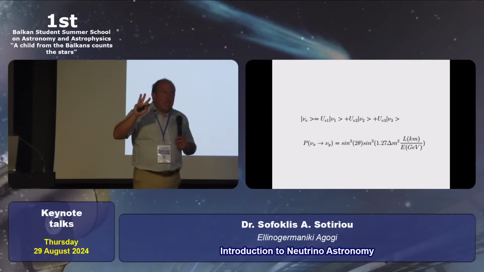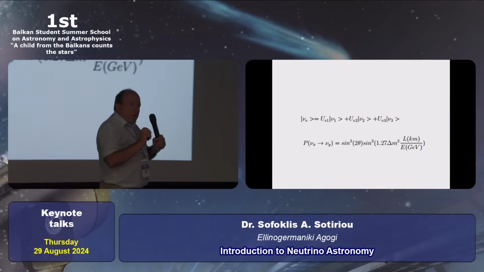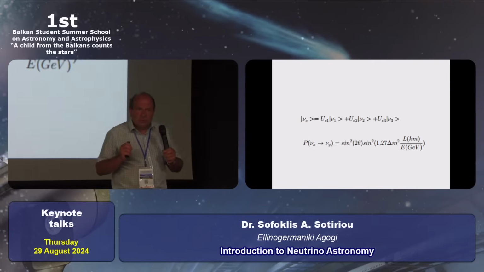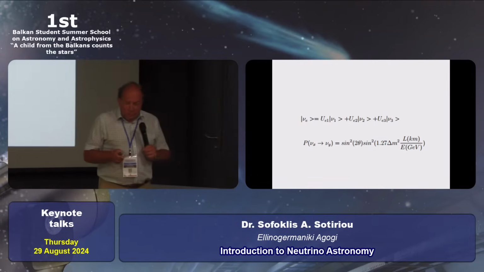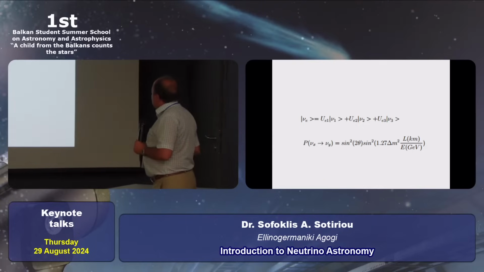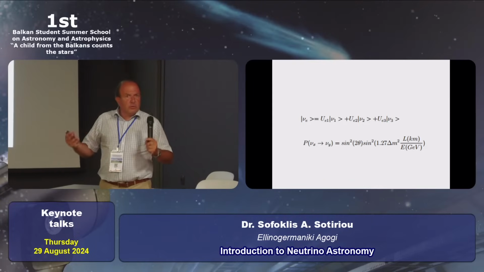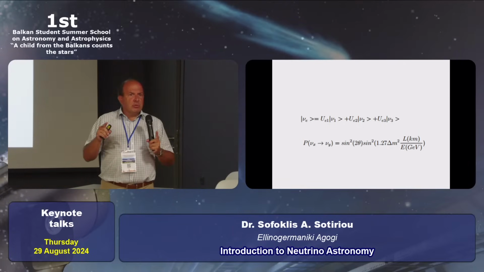There are 3 neutrinos that change, I would say, if I can say, costumes from time to time. Once I have an electron neutrino, once I have a muon neutrino, once I have a tau neutrino. So these are the relatives in the leptons family.